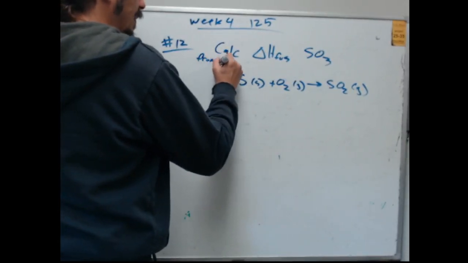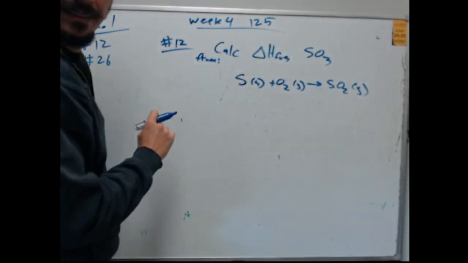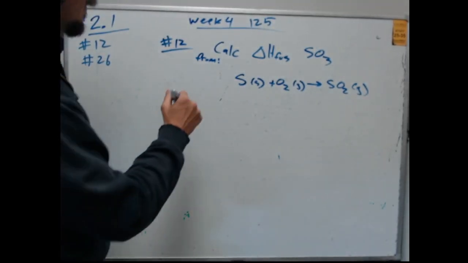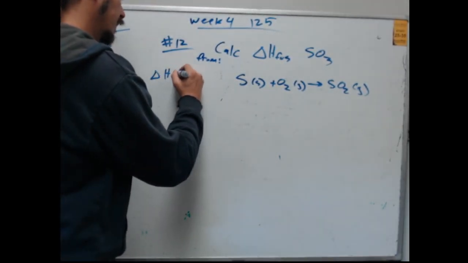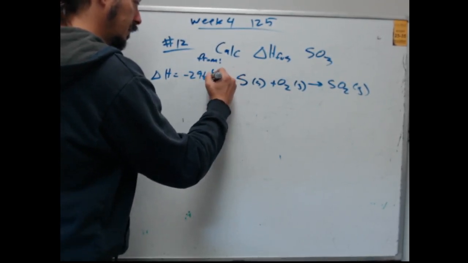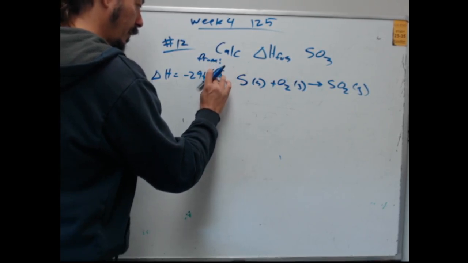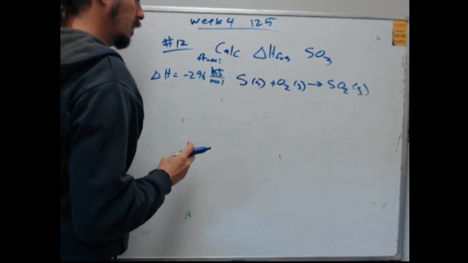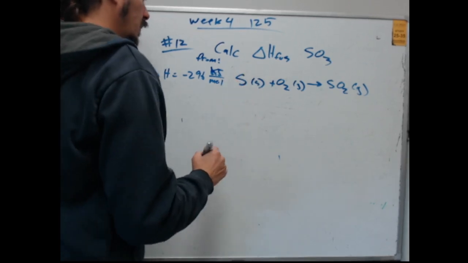I'm going to put the enthalpies over here because I didn't give myself enough space on that side of the board. The enthalpy is negative 296.8 kilojoules per mole.